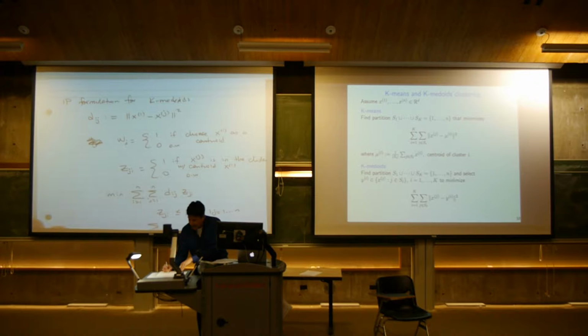And then I need to pick k centroids, so these wi's should add up to k. Both the wi's and the zji's also have to be binary, for i and j from 1 to n.